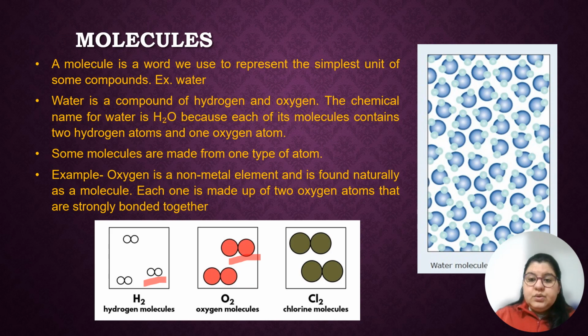Similarly, there are two chlorine atoms that bond together to form a chlorine molecule. Now, in all these molecules, two atoms are strongly bonded together to form the molecule. Okay, there is a strong bond between them.